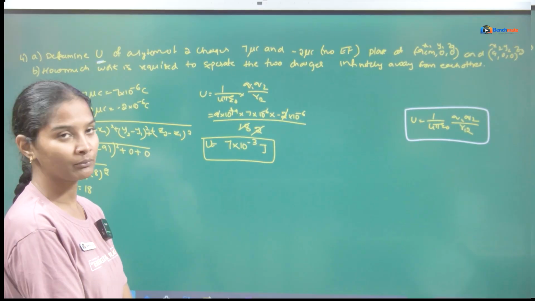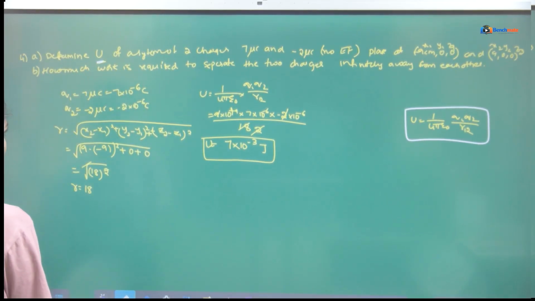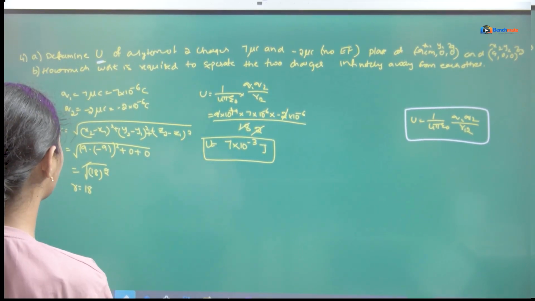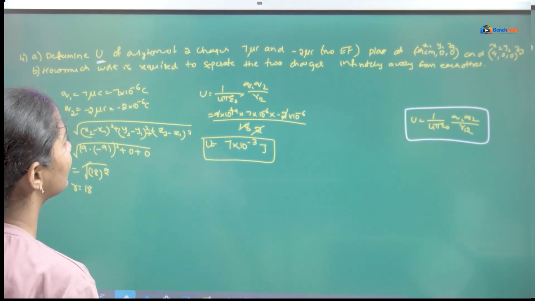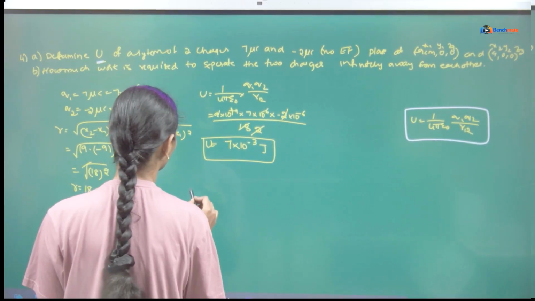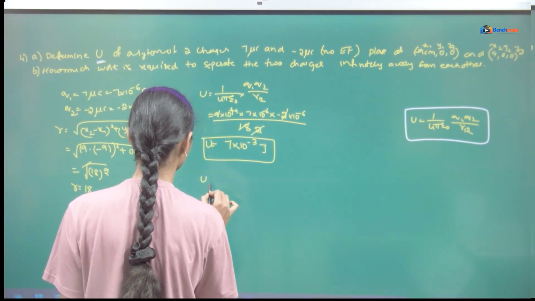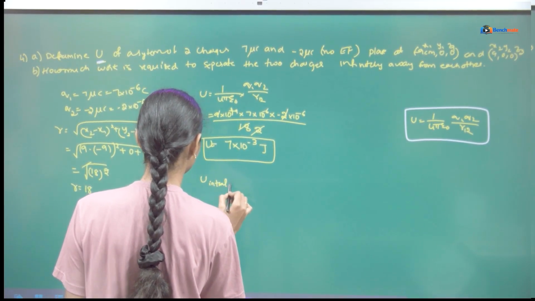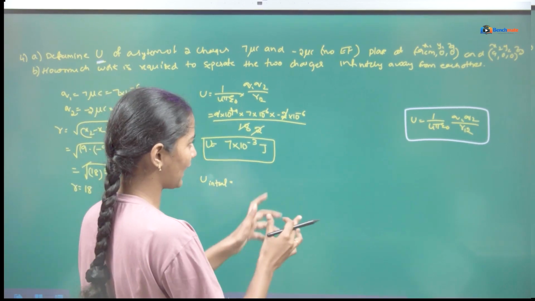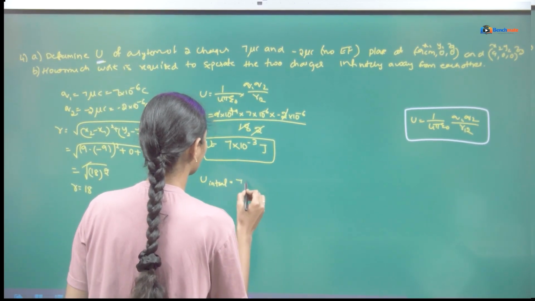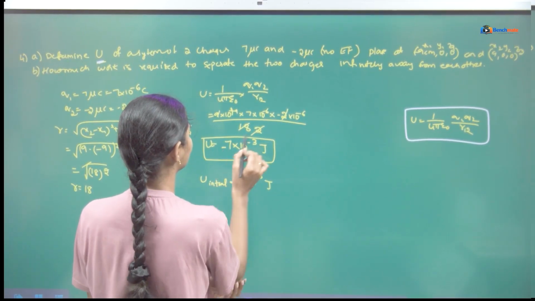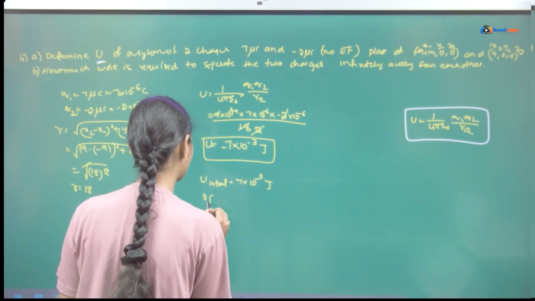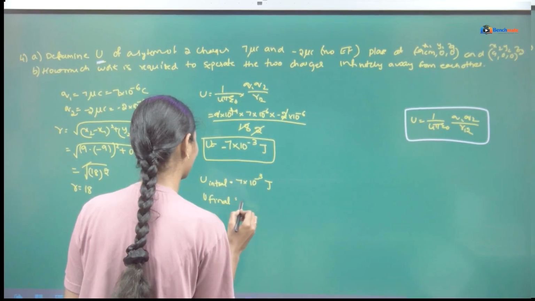Next, they have asked one more question: how much work is required to separate the two charges infinitely away from each other? So let this be U initial. Initially, the energy between them is minus 7 into 10 power minus 3 joules. Then U final is going to be 0.